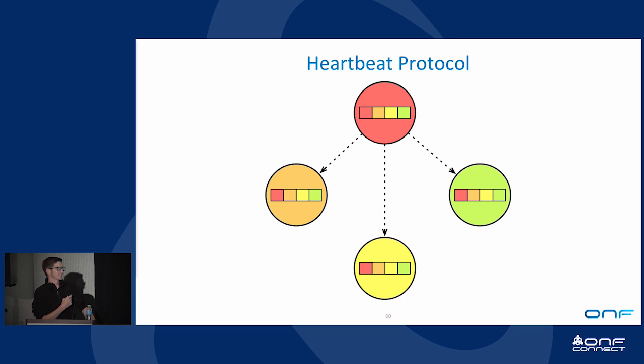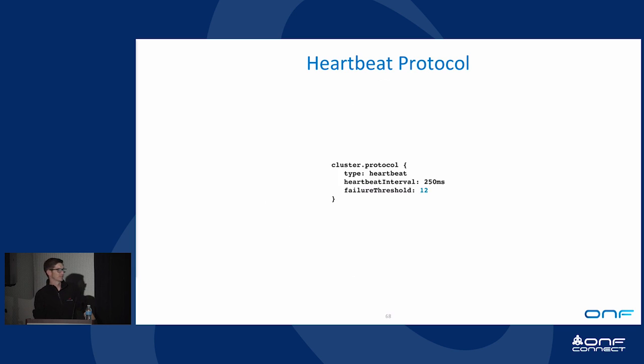If you have a 4-node cluster, each node holds membership information for each other node, and they constantly broadcast messages to each other. If a node crashes or wants to leave the cluster, each of those other nodes has a timer, and they eventually remove that member from the cluster. This is configured just by configuring the instance to use the heartbeat protocol.